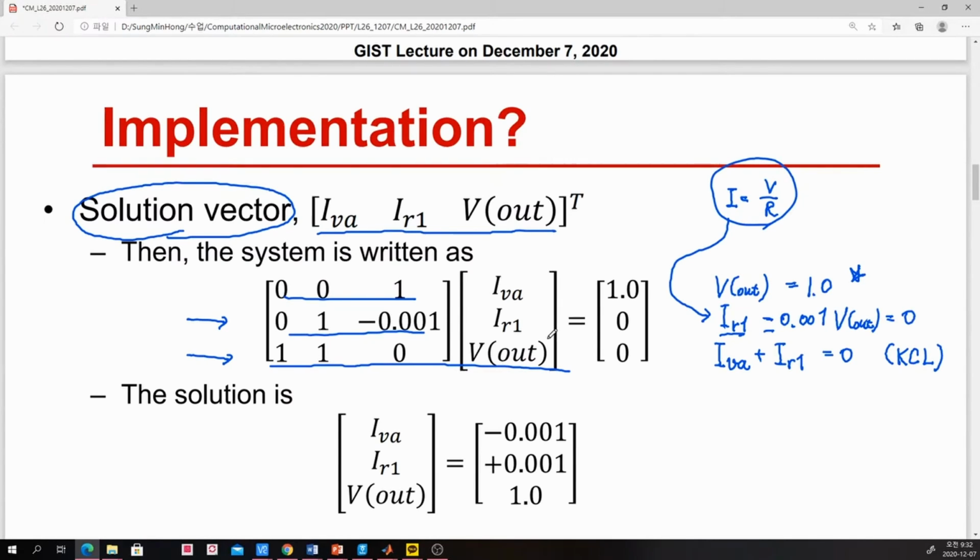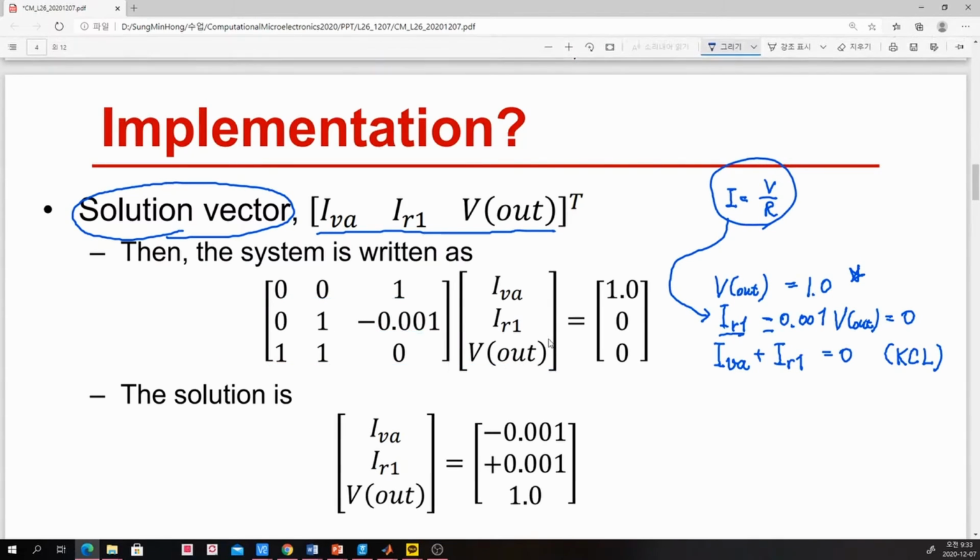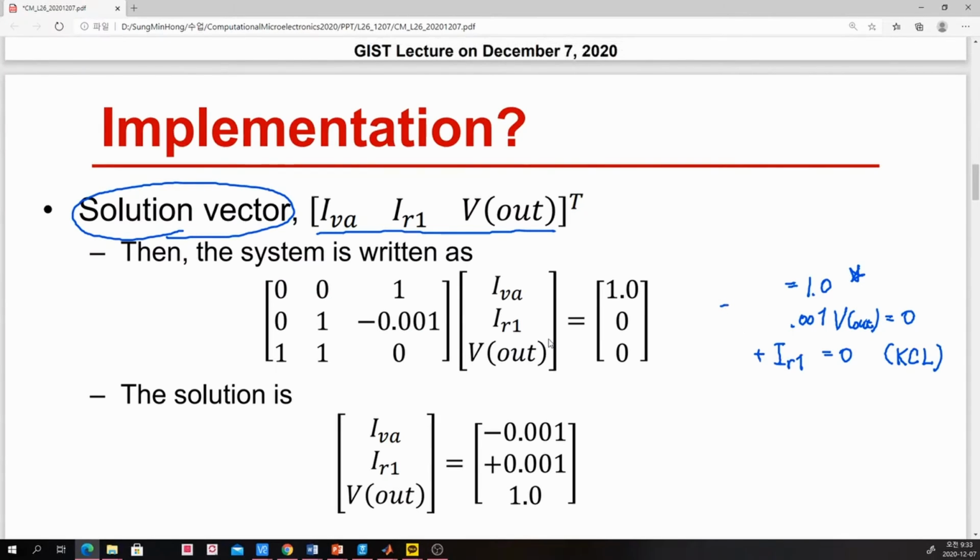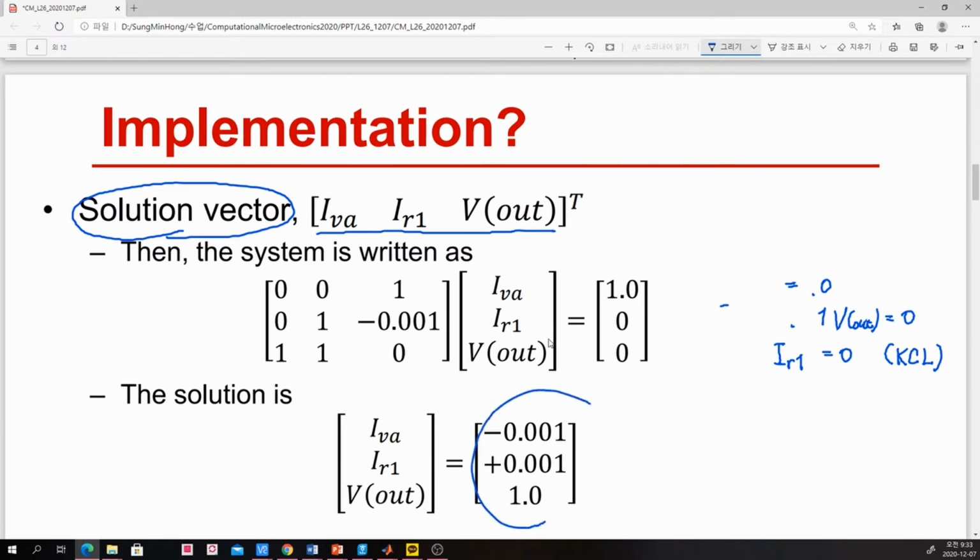We did it already for device analysis, so to us, it is quite easy and straightforward. This is also in the form of AX equal to B. By solving this equation, we can immediately get the solution.